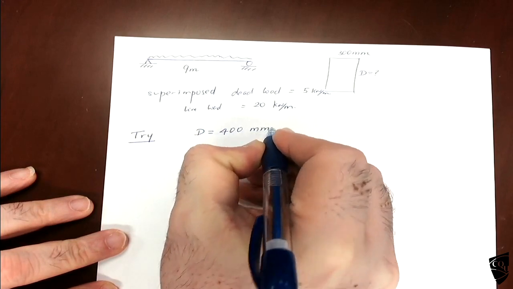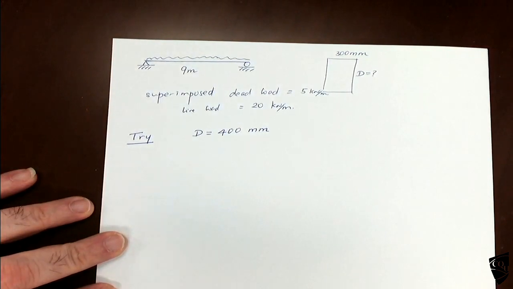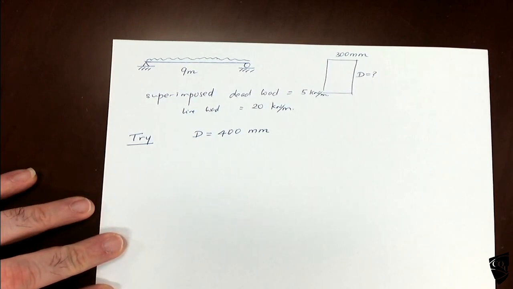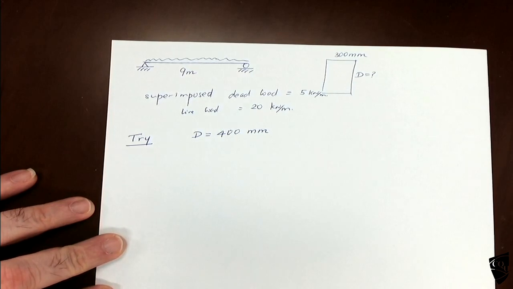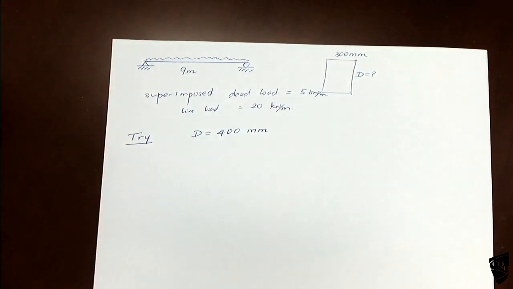I don't know the depth. We will start with the smaller sections. If we start with the smaller section, so I use D is 400.